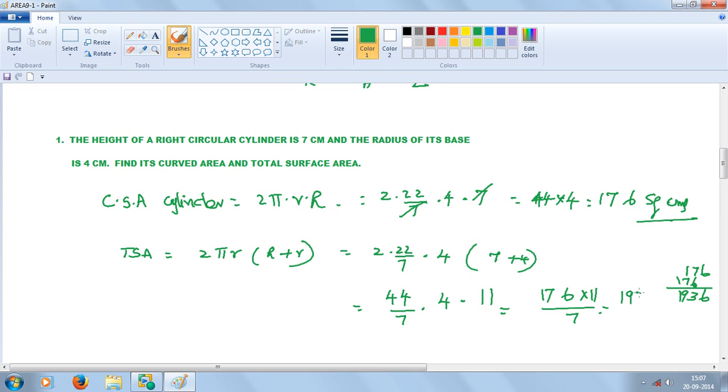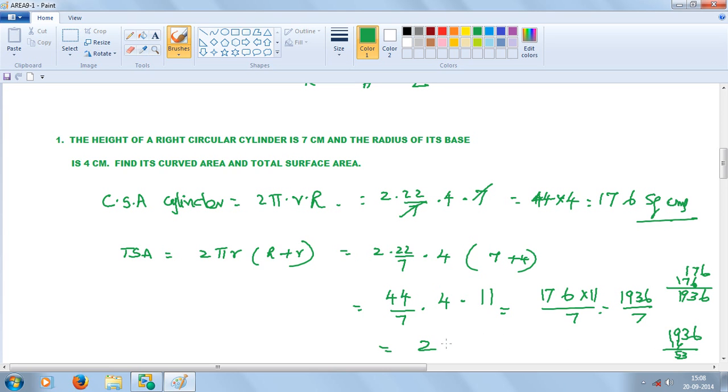So it is 1936 divided by 7. 2 sevens are 14. So how you work it out? 2 sevens are 14, you get 5, 3.